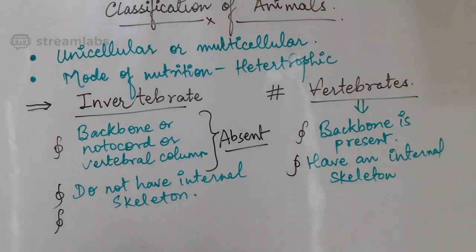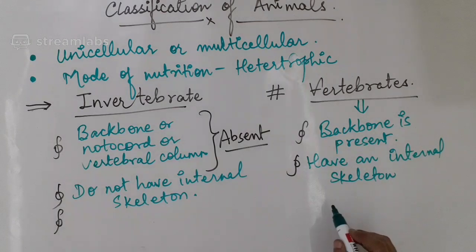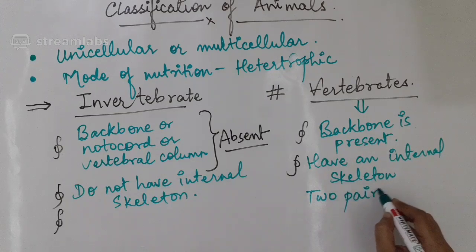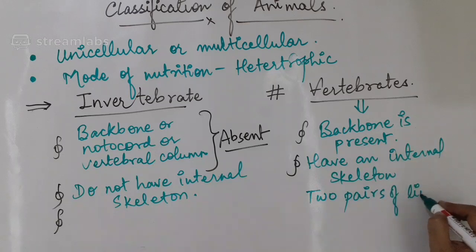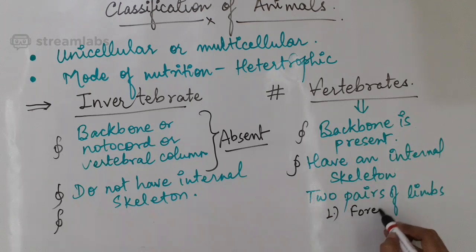The next point of difference between the two is on the basis of the presence of limbs. In all the vertebrates there are two pairs of limbs. Two pairs, of which one pair is forelimbs and the second is hind limbs.